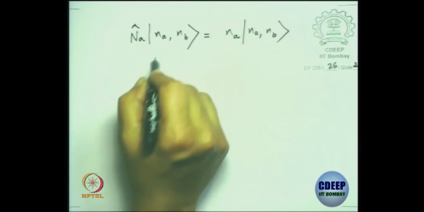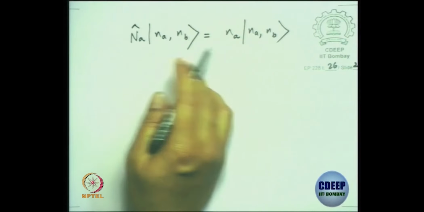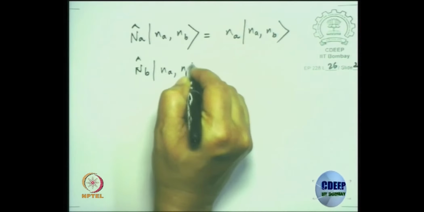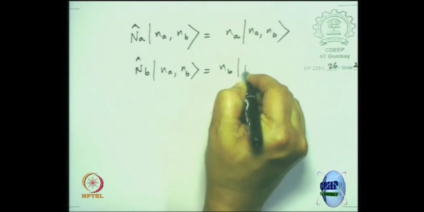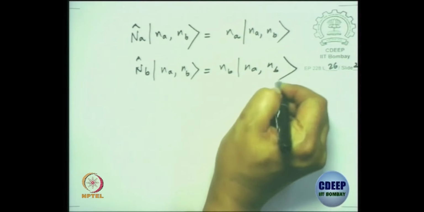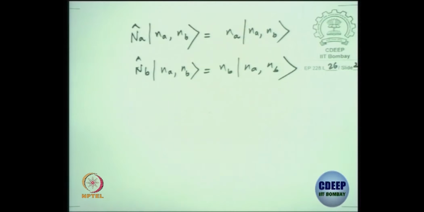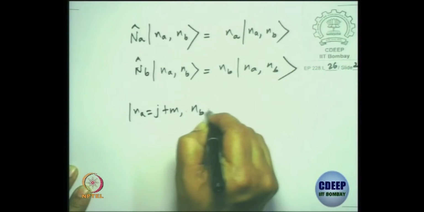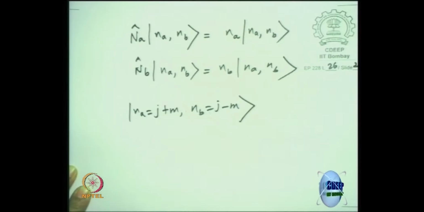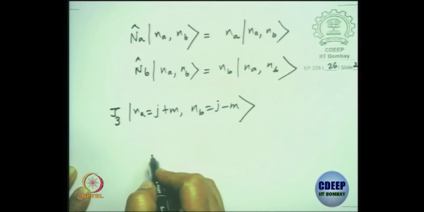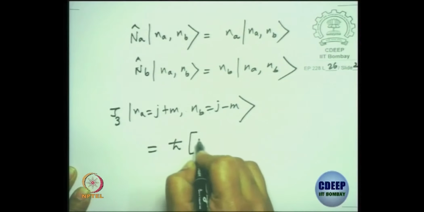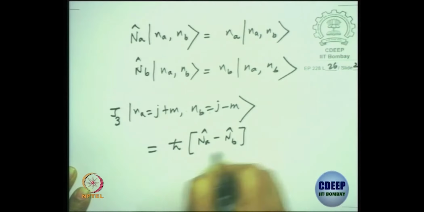I can write a state as a simultaneous eigenstate of both the oscillators because they commute. Similarly, Nb. Is that right? I can do this. I can also write Na as j plus m and Nb as j minus m. And look at what J3 is. J3 is nothing but h cross times the Na operator minus the Nb operator by 2.